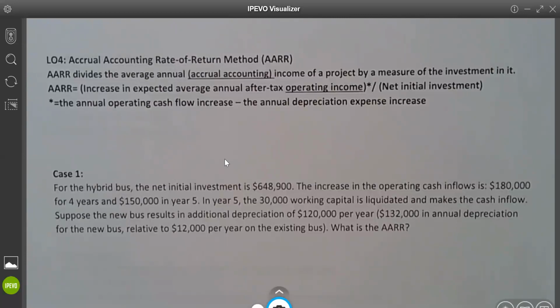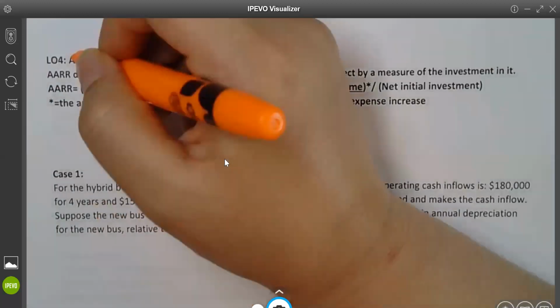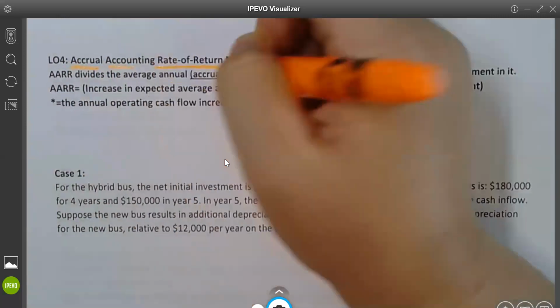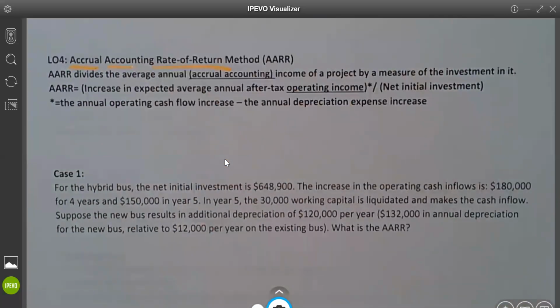Last one is the AARR. AARR is, I would say, a little bit different from the first three. No matter if it's NPV or IRR or payback method, we focus on cash, right? But this one, from the name, is your accrual accounting rate of return. So I think that's what you like, right?